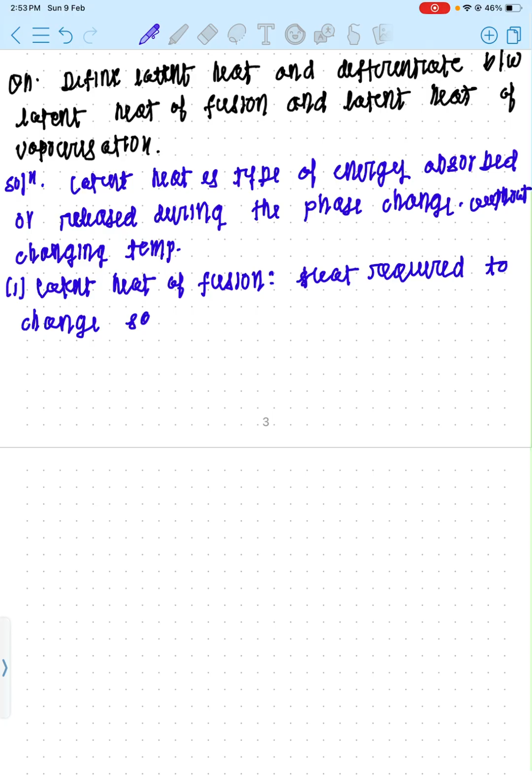So latent heat of fusion is the heat required to change solid to liquid at its melting point without changing the temperature.